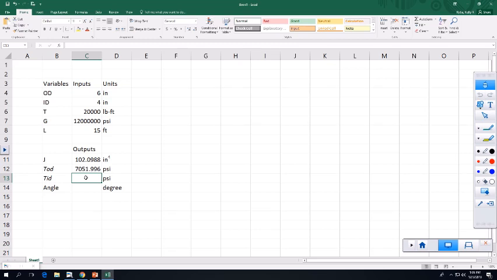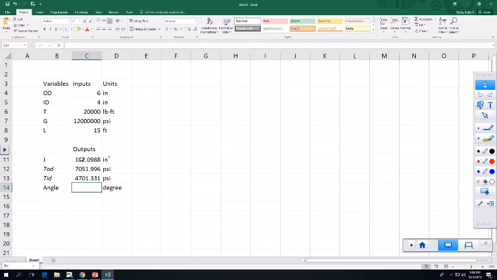So it's going to be the equal sign again, parentheses, parentheses, torque times 12 to get it into pound inches, close parentheses, times another parentheses, DI, the inside diameter divided by 2, close parentheses, divided by J again. Enter. 4701. That looks good to me.